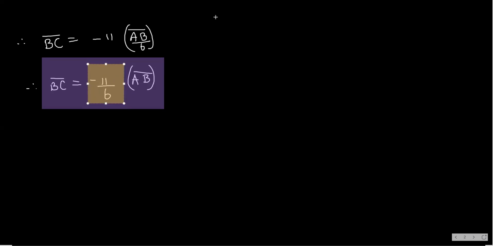BC bar is equal to minus 11 upon 6 times AB bar, so BC bar is a scalar multiple of AB bar.